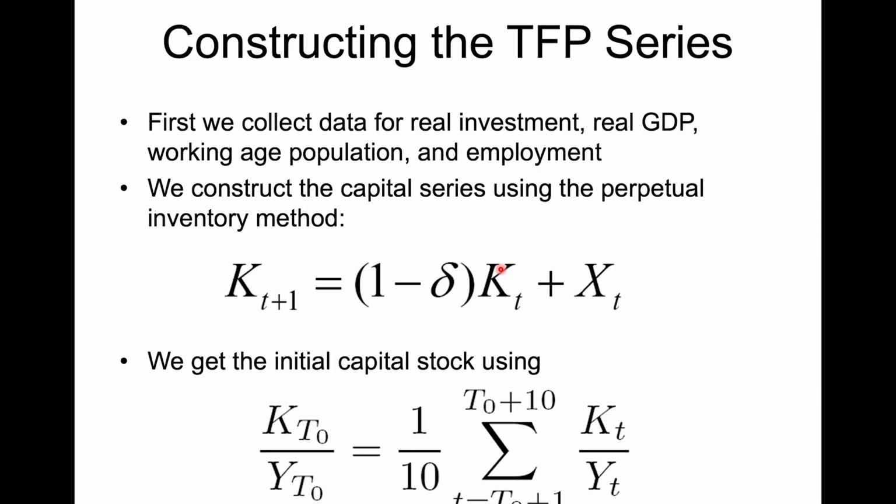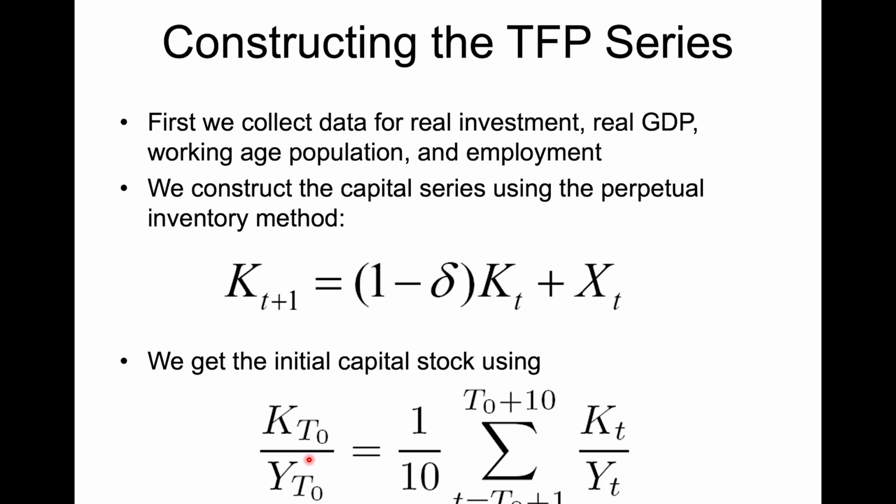Okay. So last class we talked about how using data on investment and GDP, we could use the perpetual inventory method to construct the capital series. And we talked about two different ways that we can initialize the capital stock, right? One was using the fact that the capital to output ratios are relatively stable over time.